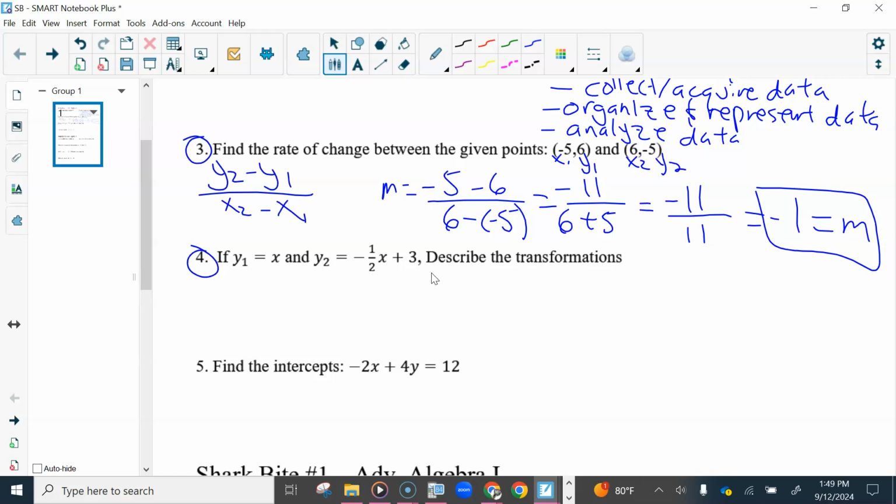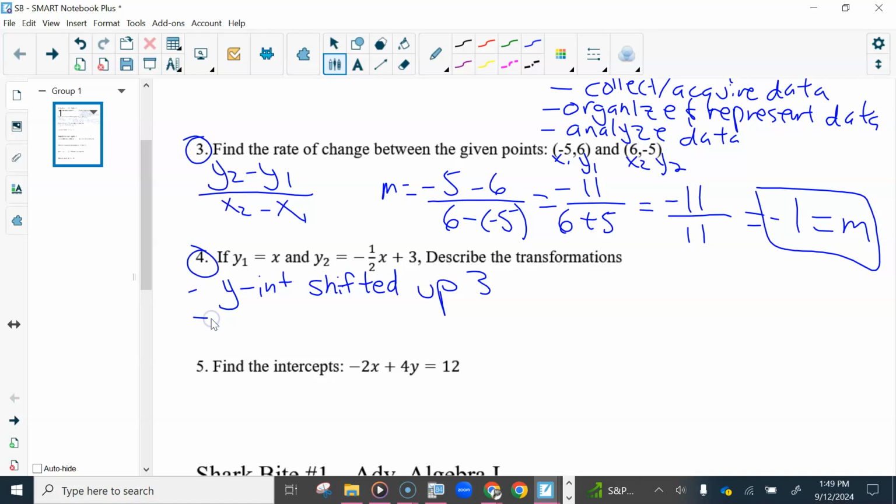What are those 3 things? The y-intercept, and let's use our vocab words. Shifted up 3. There we go. That's one thing. Go ahead.